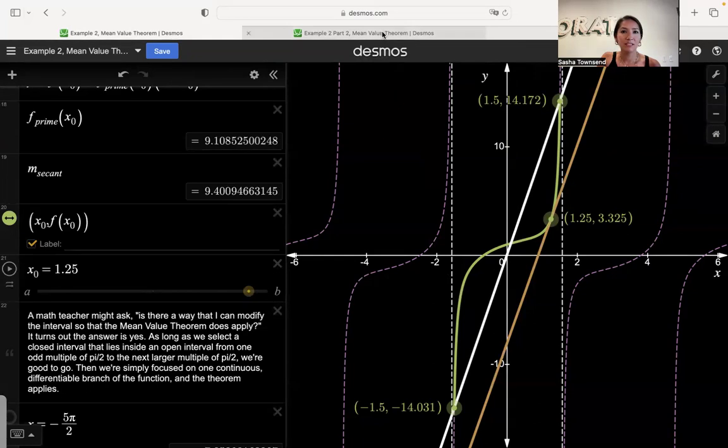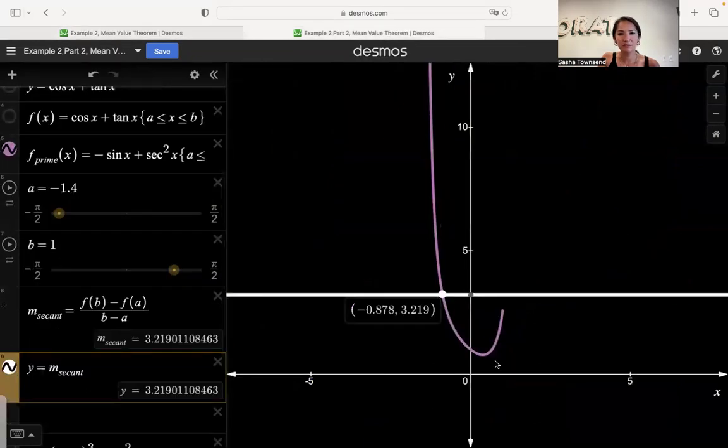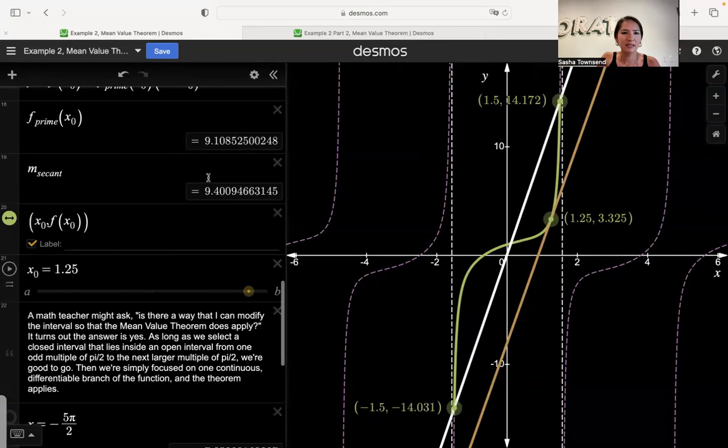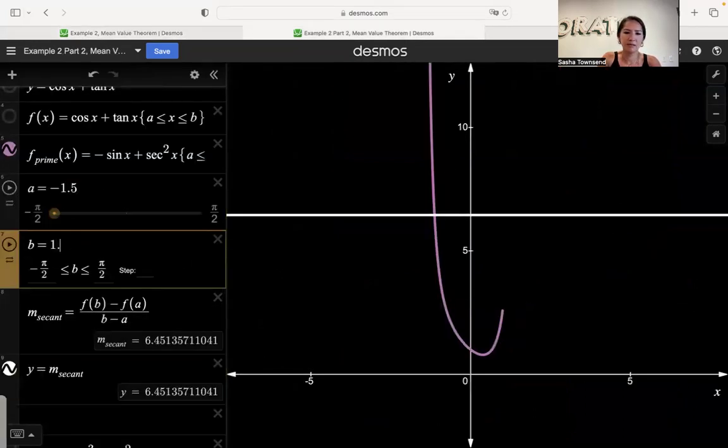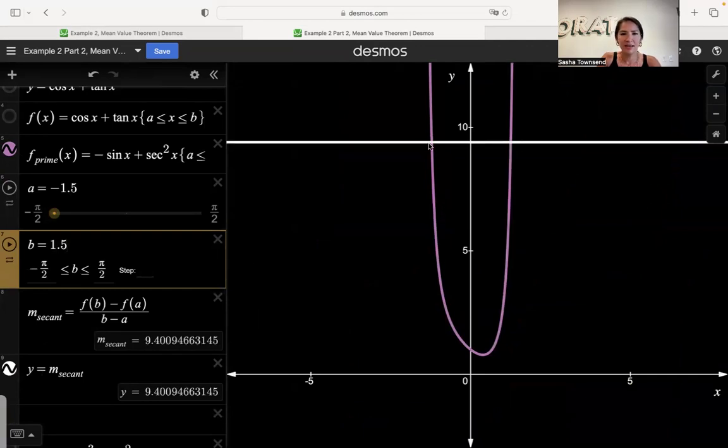If we want to, we could always graph the derivative and that slope of the secant. And again, the x values that we chose were negative 1.5 to positive 1.5, so those are our a and b. In that case, we actually have two x values.